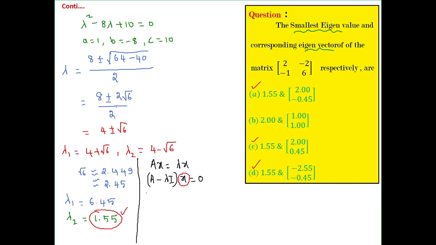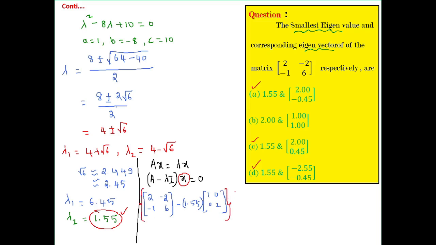So A is 2, minus 2, minus 1, 6, minus lambda, which is 1.55, into the identity matrix of order 2 by 2 only, because the given matrix is of order 2 by 2. If the given matrix is of order 3 by 3, then you must take the identity matrix of order 3 by 3.